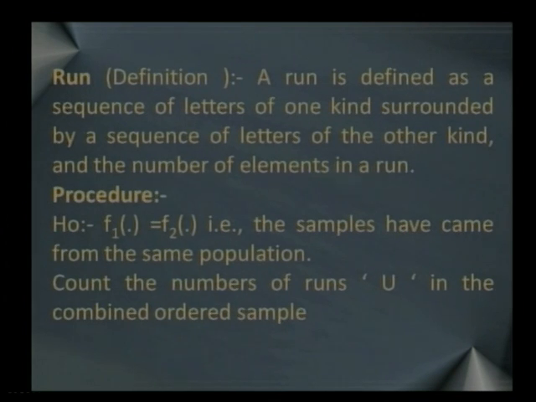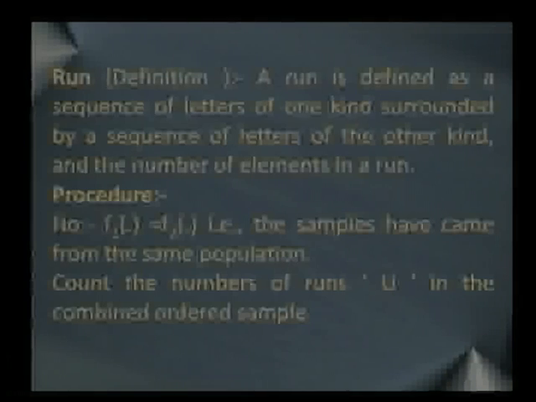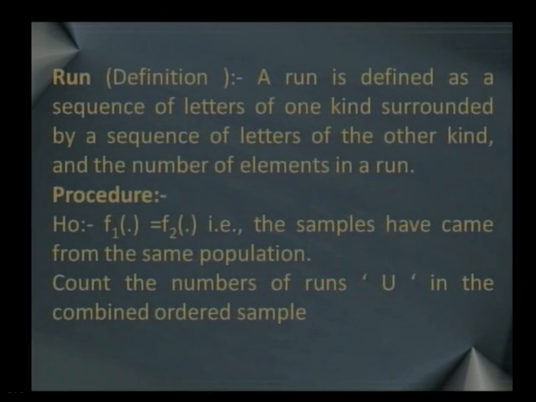The test procedure: the null hypothesis is f1 equal to f2, that is, we test whether the samples have come from the same population. Here we count the number of runs one by one and define it as u.